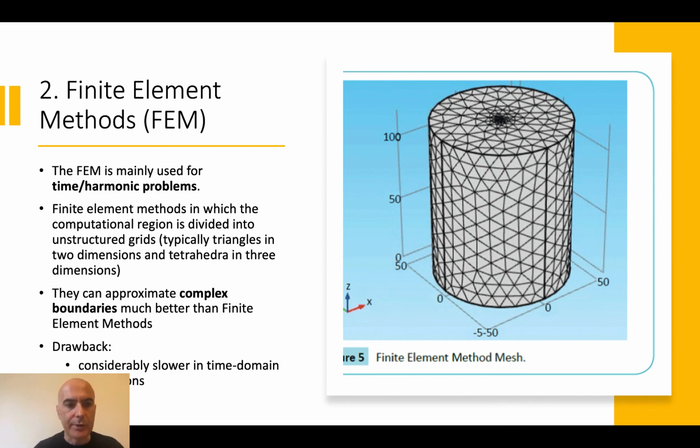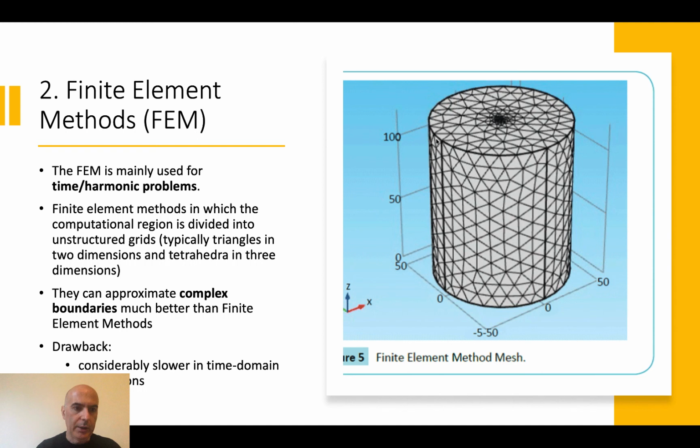Finite element methods use a computational region that is divided in a structured grid, so it's not uniform anymore, but it can be structured and non-uniform. Typically, triangles in 2D are used, or tetrahedra in three dimensions. So in these slides, you see an example of discretization of a cylinder using tetrahedra.